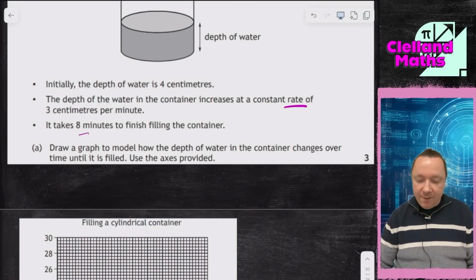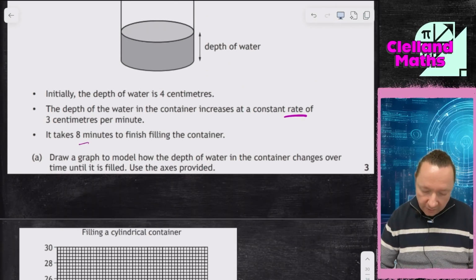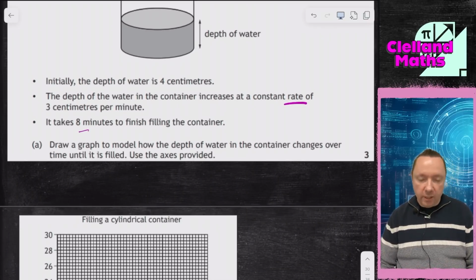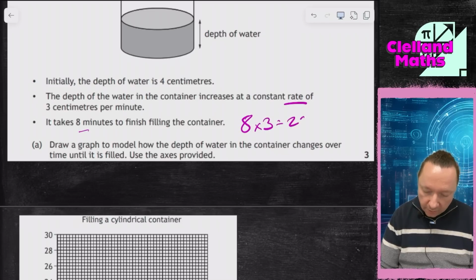But then it takes 8 minutes to finish filling the container. So we need to do that for 8 minutes. But you can work out straight away that 8 times 3 centimeters per minute means it will go up to 24, but it's 24 plus the 4 we started with, so we need to end at 28 centimeters.